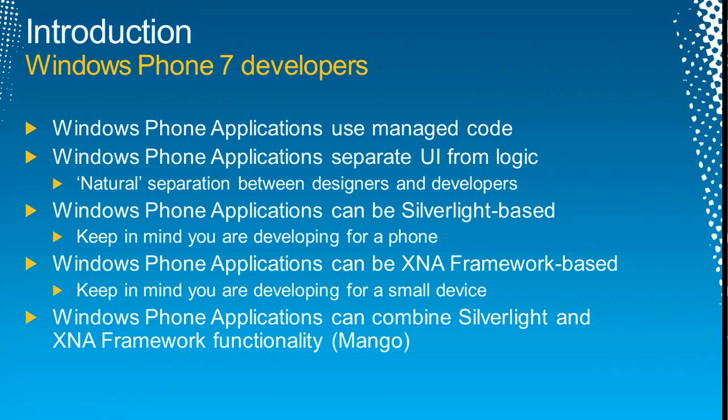There's another model for Windows Phone applications, which is making use of the XNA framework. Those applications written using XNA are still managed applications written in C# or Visual Basic.NET, but the architecture of those applications is different, because instead of waiting for some event to happen and executing some code, what's happening in an XNA framework-based application is that 60 times per second a function inside your application will be called, actually two different functions, one to update your user interface and another function to read whatever user input there is.